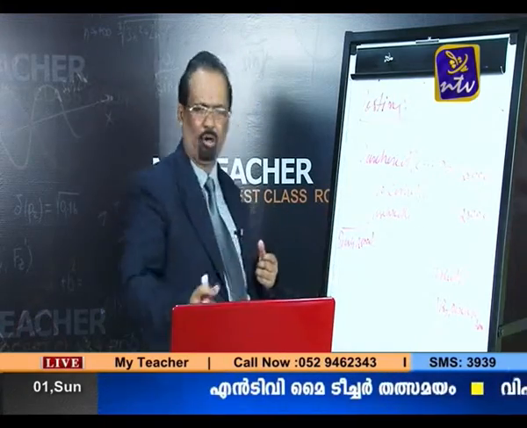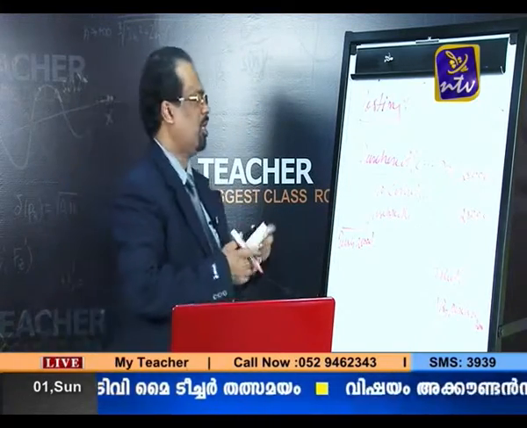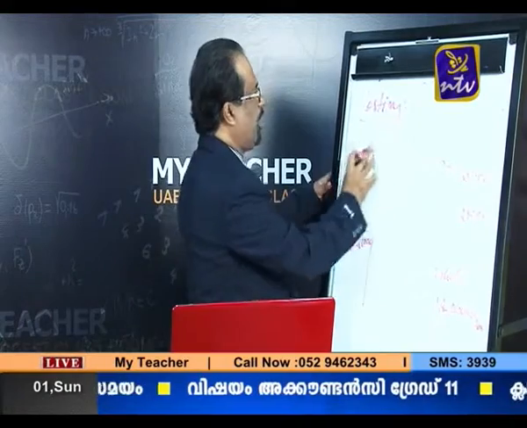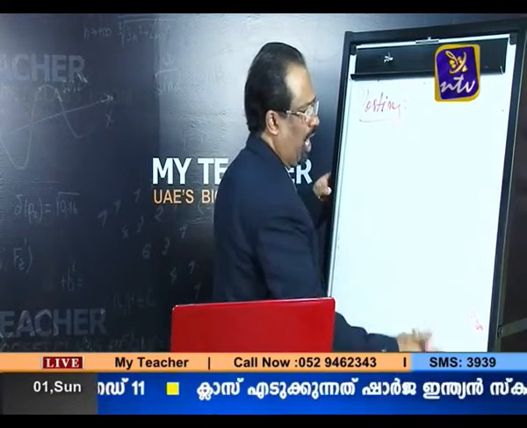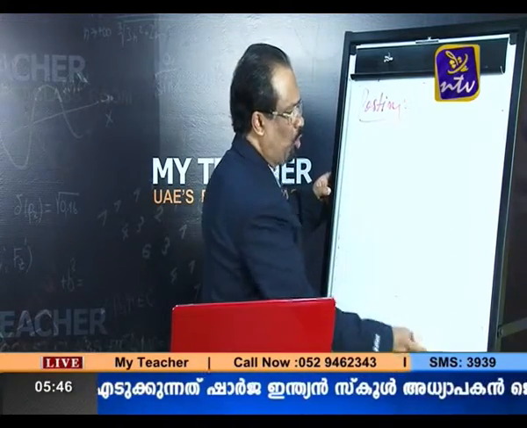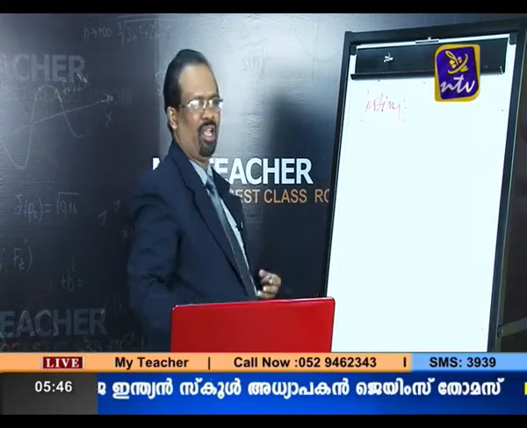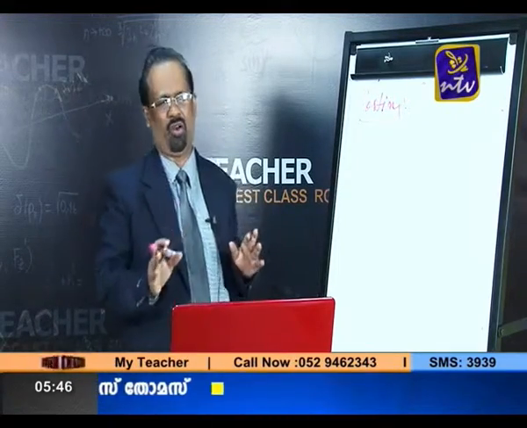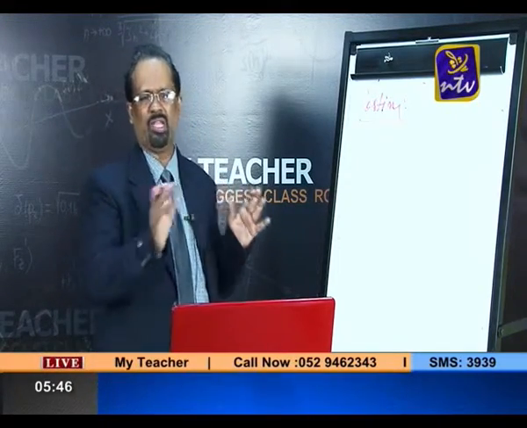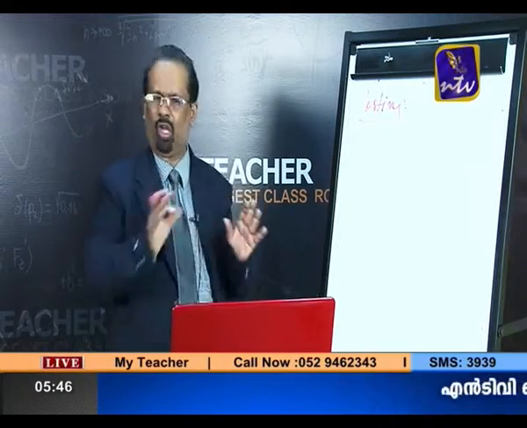So balancing the account means we want to find out the balance between the credit total and debit total, or vice versa. Which side is more? The heavier side we write brought down, and the lesser side we write carried down. You take out the difference between the credit total and debit total, or vice versa.